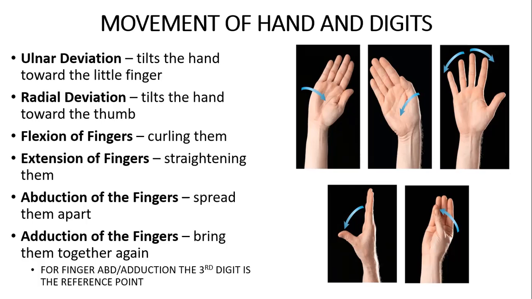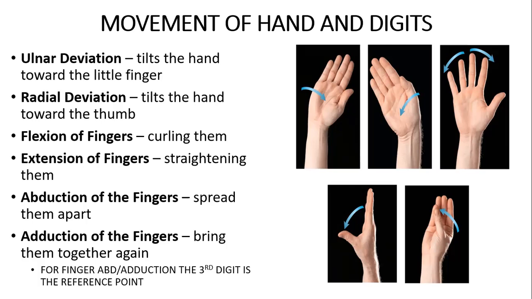That is the middle picture on the top. Radial deviation tilts the hand towards the thumb. So we have radial deviation and ulnar deviation.